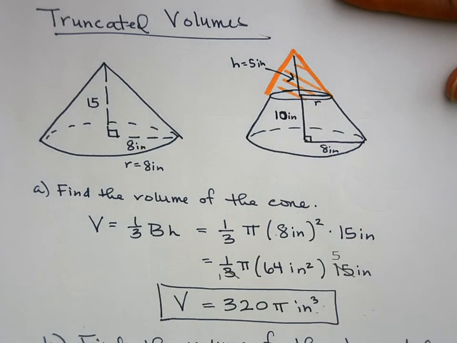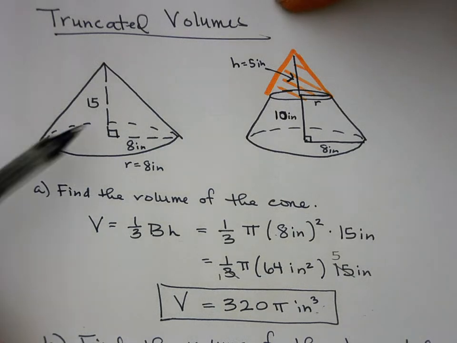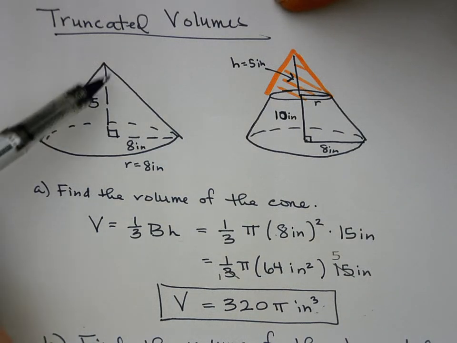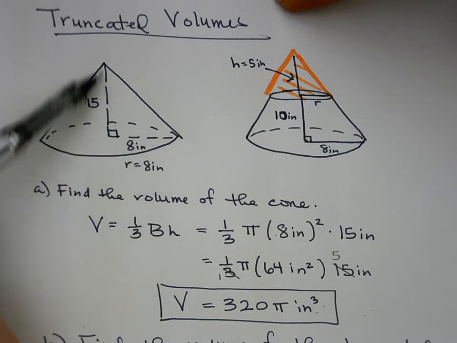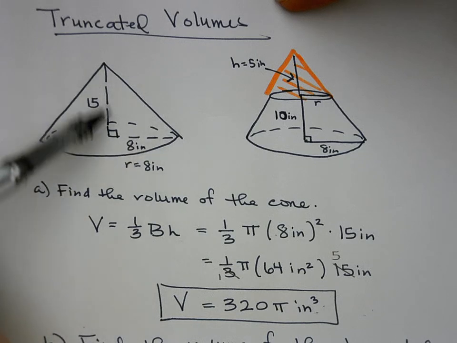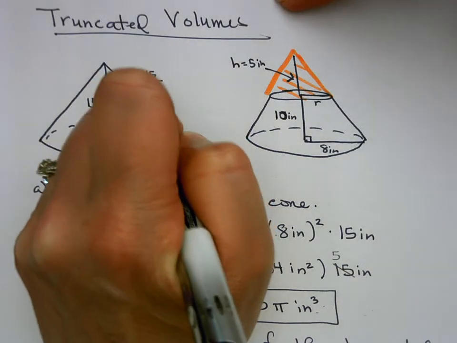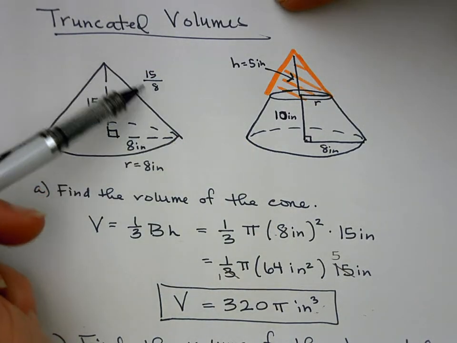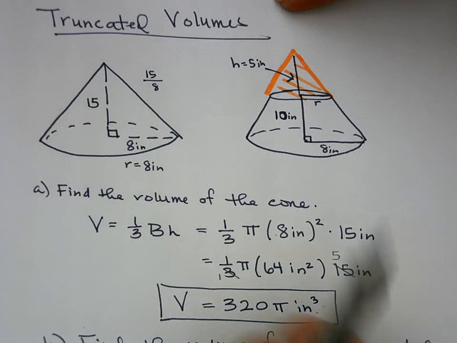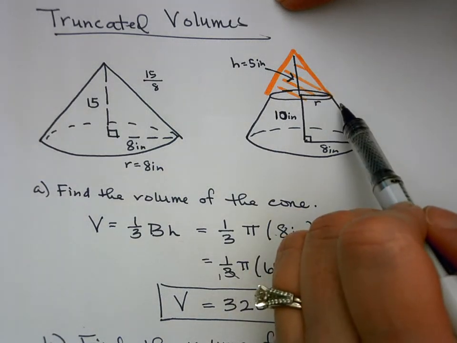So if I look at my ratios, okay, so I'm going to look at my scale factors or my ratios. I know that the height is 15 compared to 8, right? So my ratio over here is 15 is to 8, the height to the radius. Okay, and then it should be similar, right? Similar triangles, similar areas.